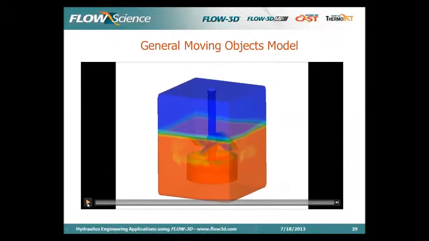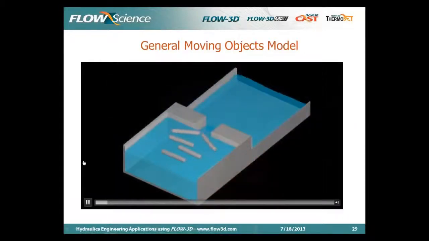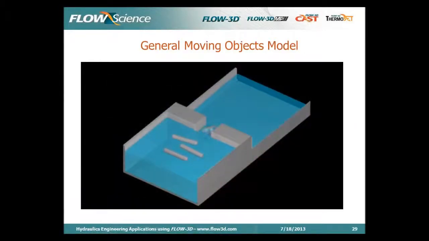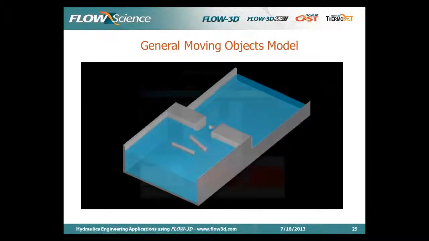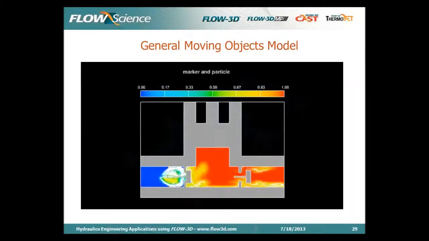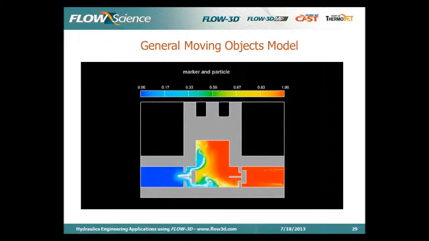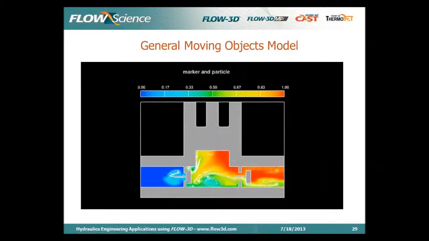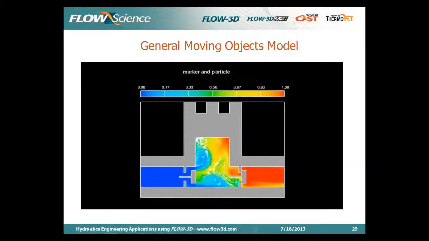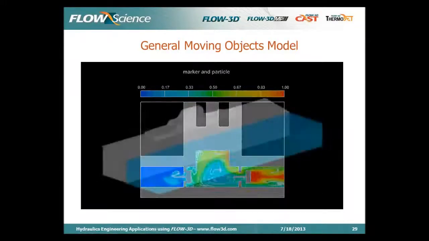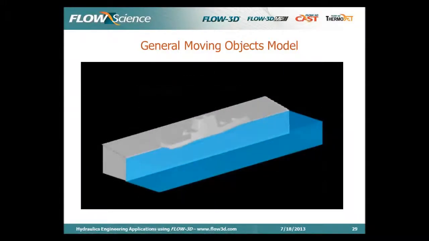So a few examples of the general moving object module that we have. It can be used in all sorts of situations. Anything that moves and interacts with water is well resolved with this module. Interesting here for residence times. Ship launch. Ship geometries can be very accurately modeled.